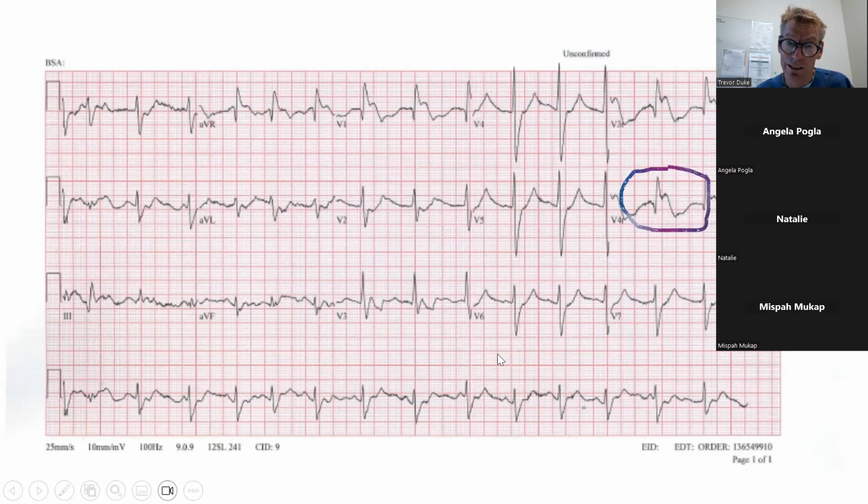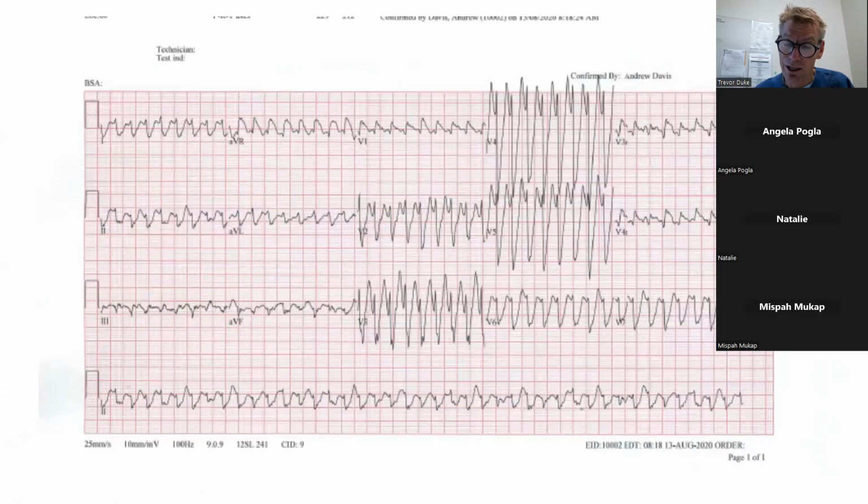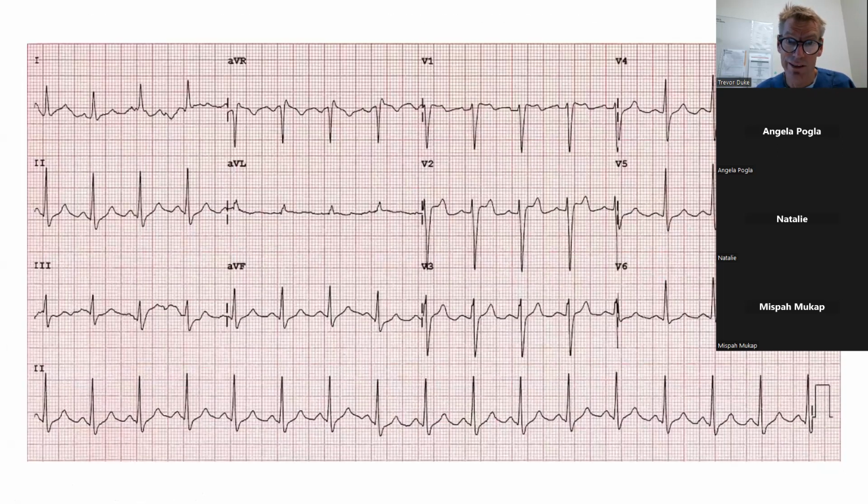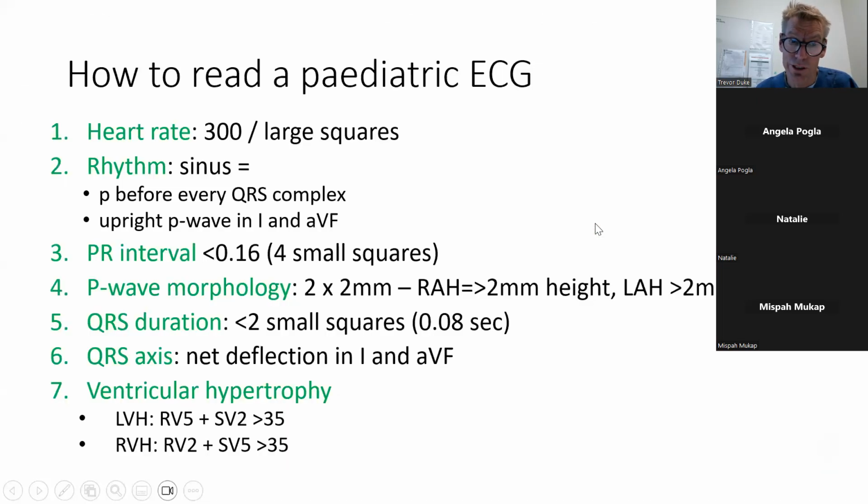Don't worry about that, but just try to recognize what VT looks like and what SVT looks like. Okay. This is again Brugada syndrome. I won't show you, but Brugada syndrome is a cause of ventricular tachycardia, VT. Okay, but remember that's a bit advanced.